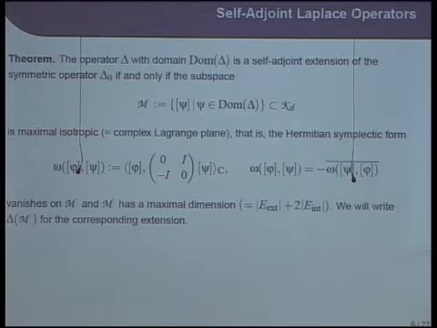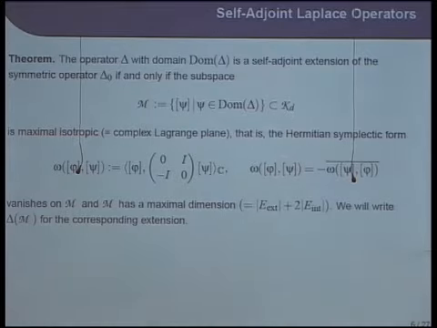In other words, we have what is called a maximal isotropic subspace, and one can also call this subspace a complex Lagrangian plane. The only difference from standard Lagrangian language is the fact that we have a complex structure here.